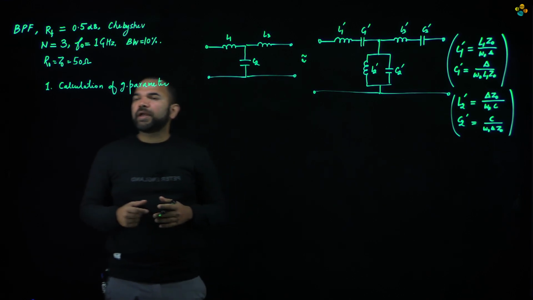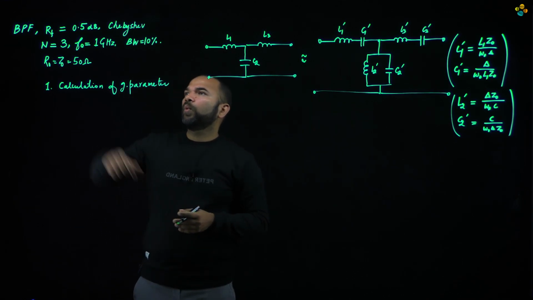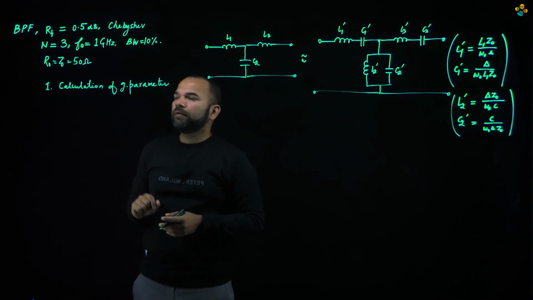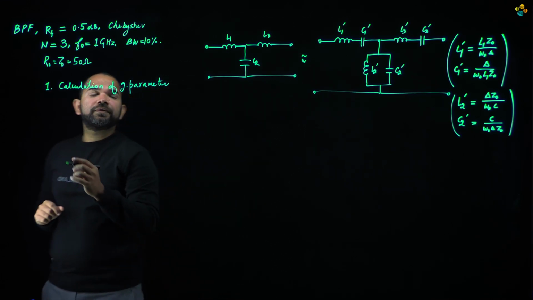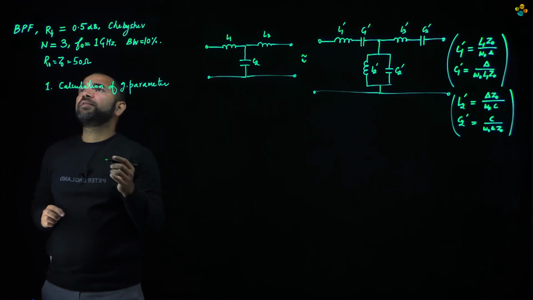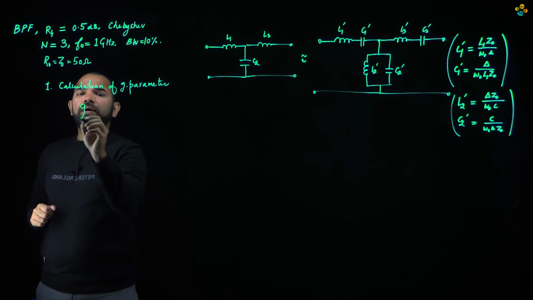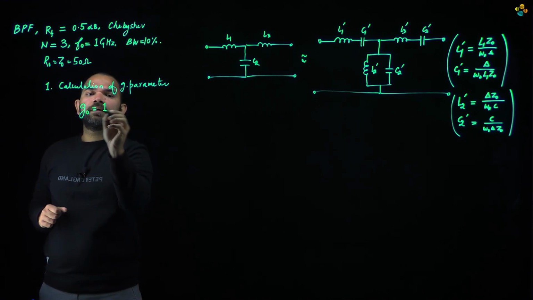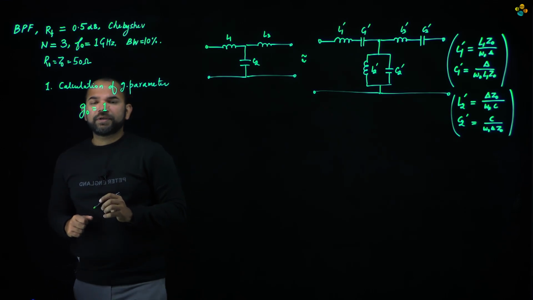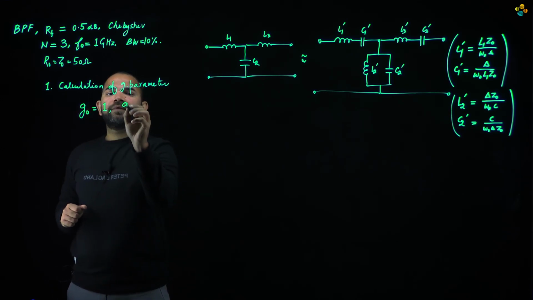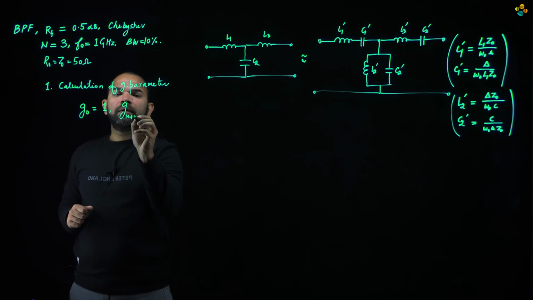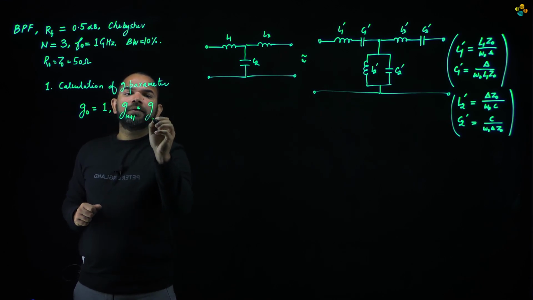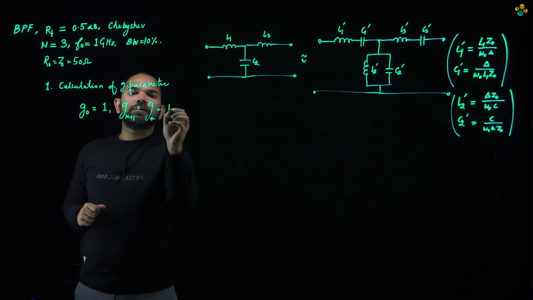However, these values can be directly obtained from the tables with the ripple factor, so I'm just taking those values directly from the table. For filter order n, which is an odd number, the source impedance is given as this, and for an odd filter order, G4 is also equal to 1.